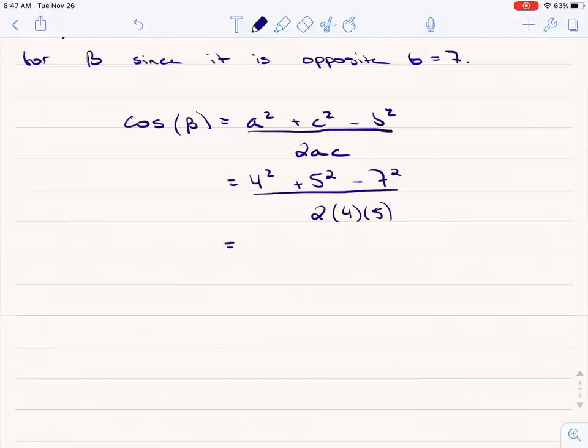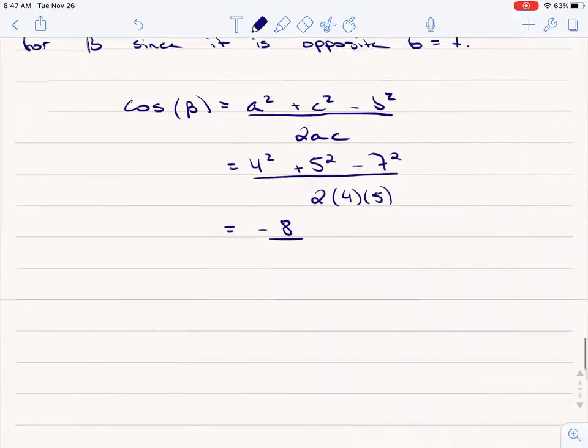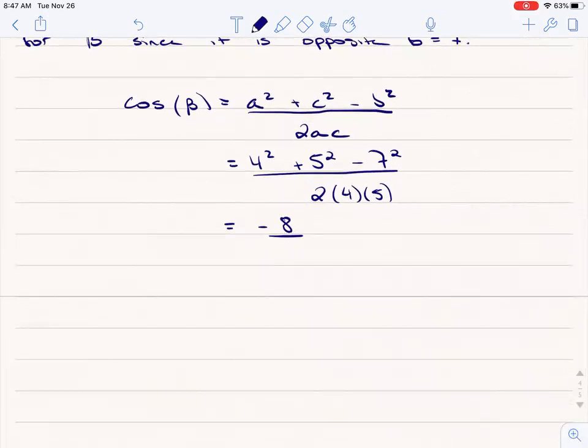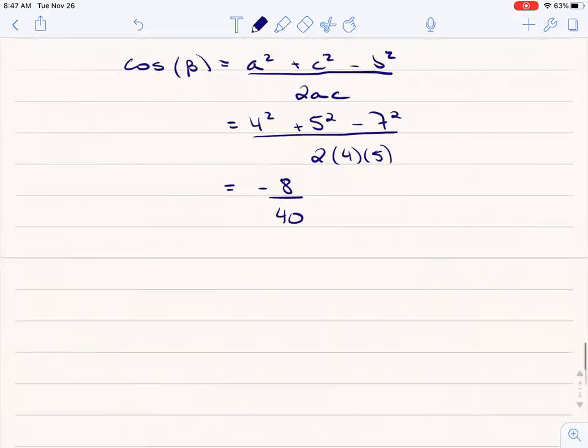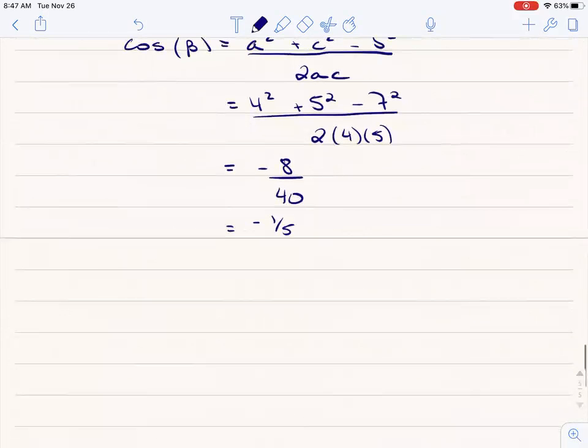Four squared plus 5 squared minus 7 squared puts us at -8 over 2 times 4 times 5, which is 40. If we simplify, that's -1 over 5. You don't have to simplify it because we're going to take the inverse cos anyways. So then beta is the inverse cosine of -1 over 5.